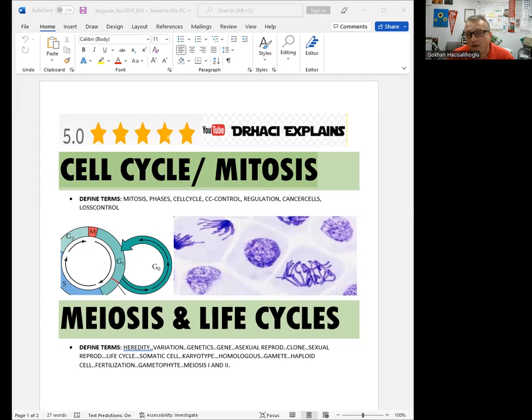Unicellular organisms use cell division to reproduce. Since they are unicellular, each time they divide, they are making a brand new cell. So obviously that's their reproduction.